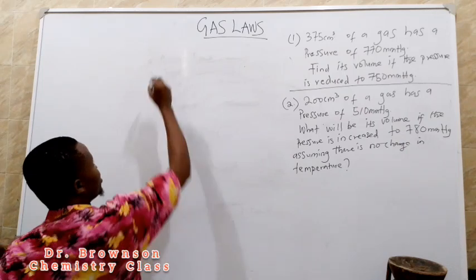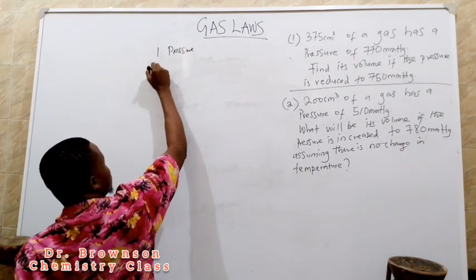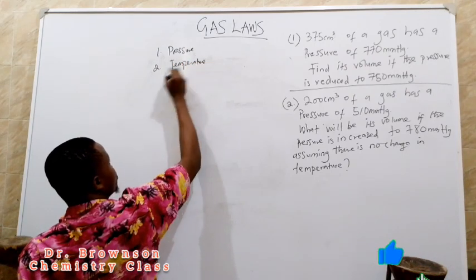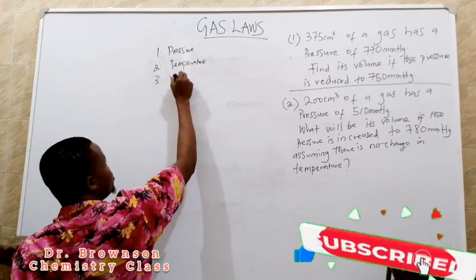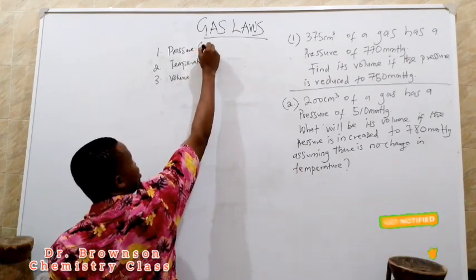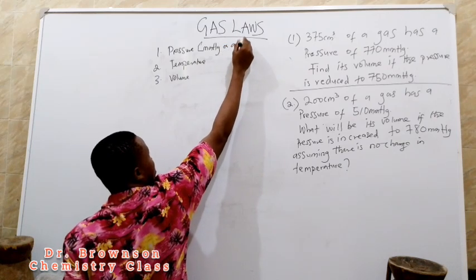The first parameter is your pressure. Secondly is your temperature. Thirdly, your volume. Now, pressure has the unit millimeter mercury or atm.